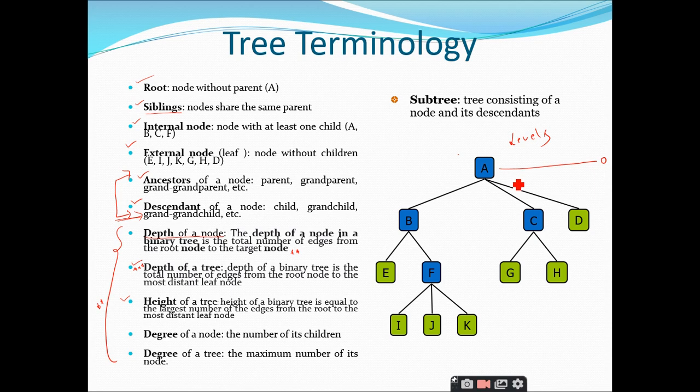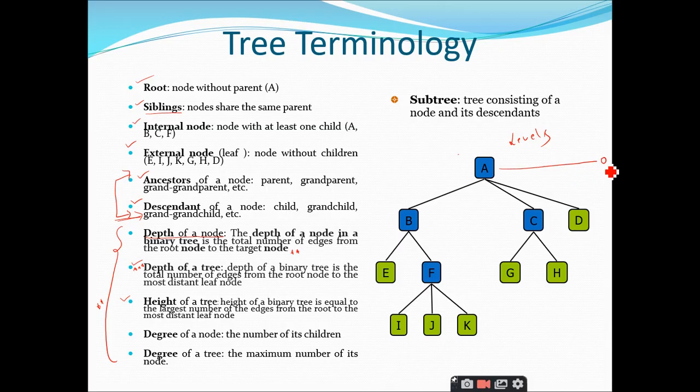We will see the properties of the binary trees in a short while. There you have some properties. How can you find the maximum number of nodes in a tree if a height is given? Or how can you find the minimum number of nodes if the height is given? How can you calculate the height of the tree when the number of nodes is given? So like that we have a number of formulas. When you consider the level as 0, the formulas are derived with respect to 0 only.